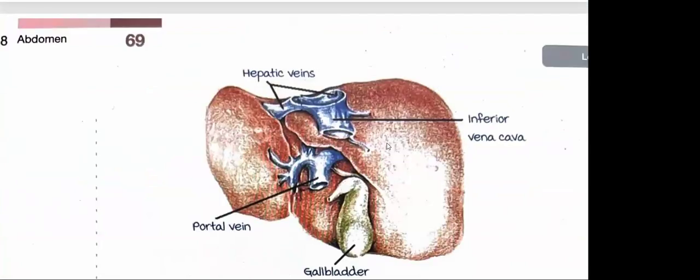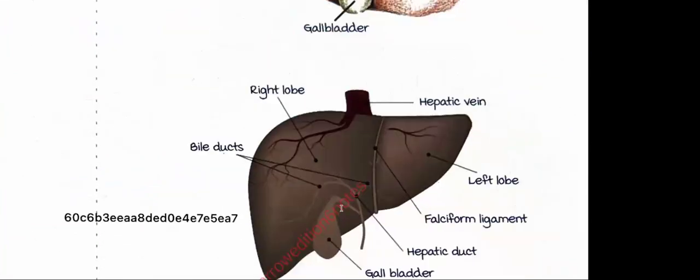These are the hepatic veins, inferior vena cava, portal vein and gallbladder. Right lobe and left lobe. This is the falciform ligament and this is the hepatic duct, gallbladder, and these two are bile ducts.